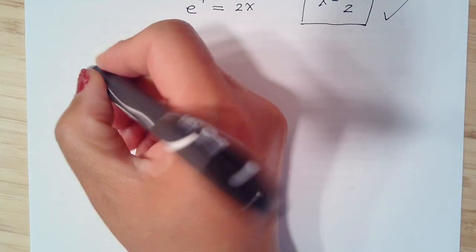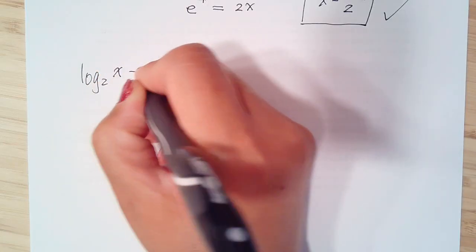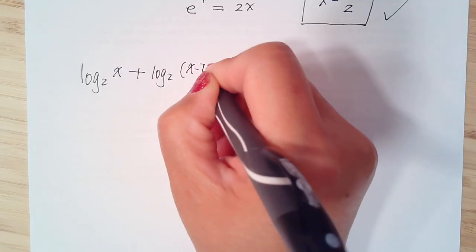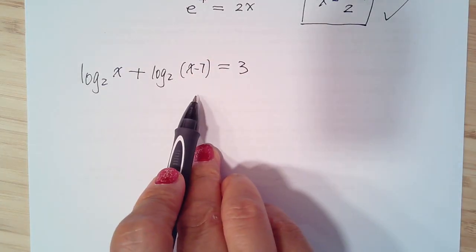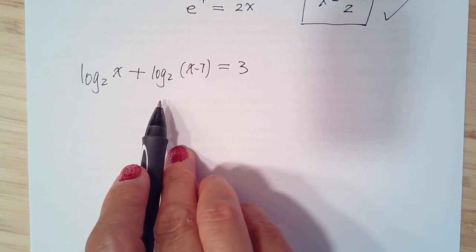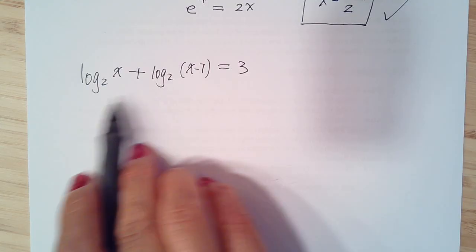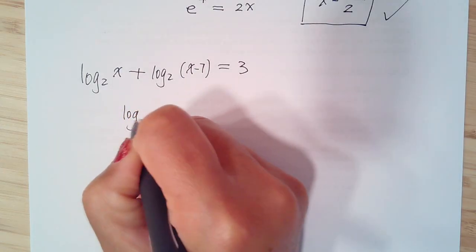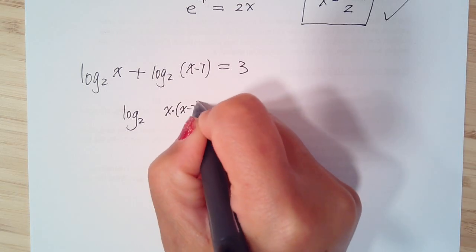Okay, try one more, two more. Okay, so let me do this one. Log base 2 of x plus log base 2 of x minus 7 equals 3. This is a very typical log equation. How do you solve that? By definition or by the property, log plus log, which is the log of multiplication, right?